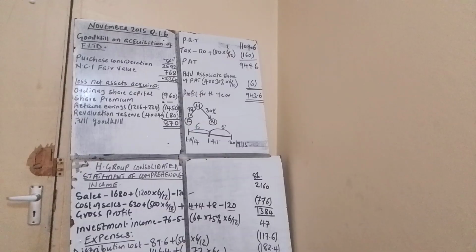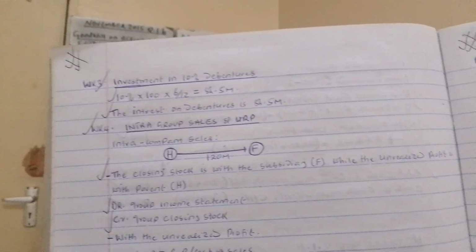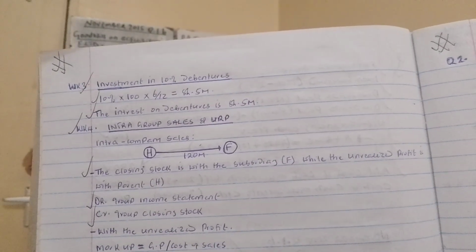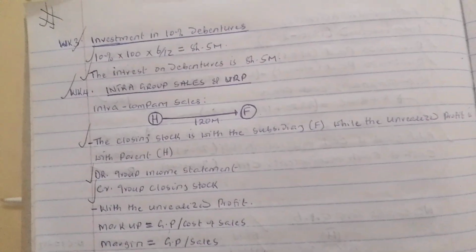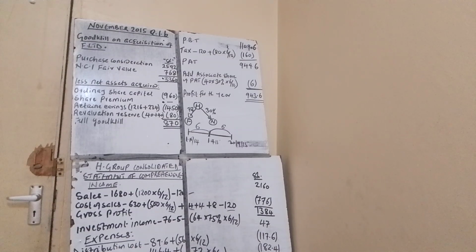because this is an investment, the investor is receiving interest income, which is 5 million, and the investee is paying 5 million as interest expense. But you can't really receive income from yourself. So when consolidating, what you do with that investment income, you can see we have taken 76. Remember, we are consolidating.